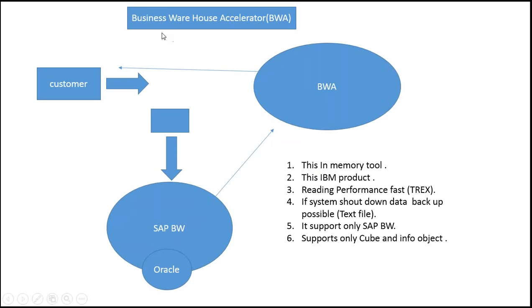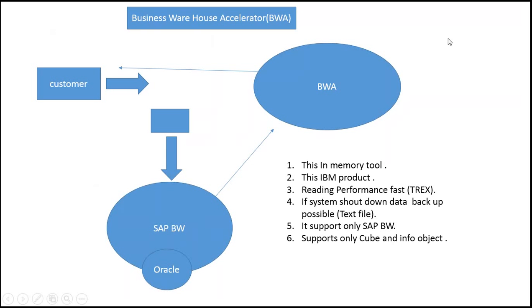Have you heard about Business Warehouse Accelerator? This is also an in-memory tool. Same thing, but there are some drawbacks in the Business Warehouse Accelerator. Generally, this will be installed in BW systems. See the same thing: the customer is using BW on an Oracle database.